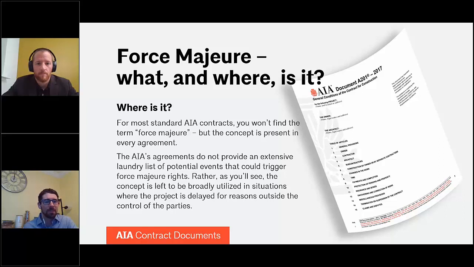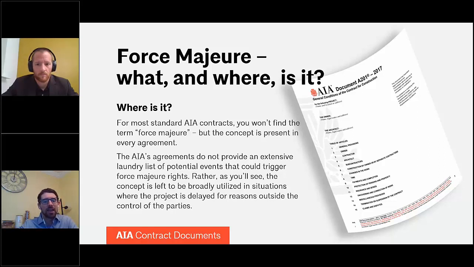What courts say sometimes is, if an event is not listed in your force majeure clause, if you don't specifically say pandemic, if you don't specifically say hurricane, even if you have a catch-all, there are some courts that say then you are out of luck. So there are situations when drafting a force majeure clause more broadly would actually act to the benefit of the parties.